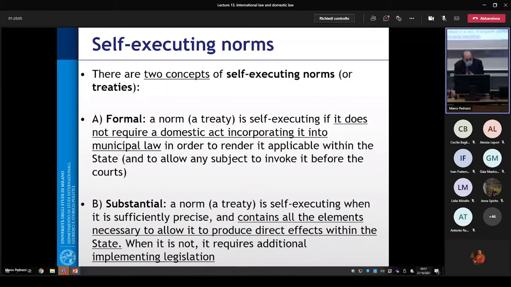But then you have a second meaning of self-executing, which is a substantial meaning. According to the substantial meaning of self-executing, a norm or a treaty is self-executing when it is sufficiently precise, when it contains all the elements which are needed to allow that treaty or that norm to produce direct effects within the state.